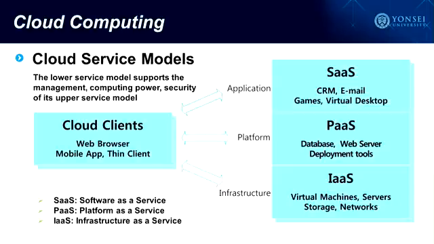Above that is PaaS, platform as a service, and it includes database, web server, and deployment tools. The next one on top is SaaS, software as a service. Here, CRM, email, games, and virtual desktop are what is actually in the software application domain.